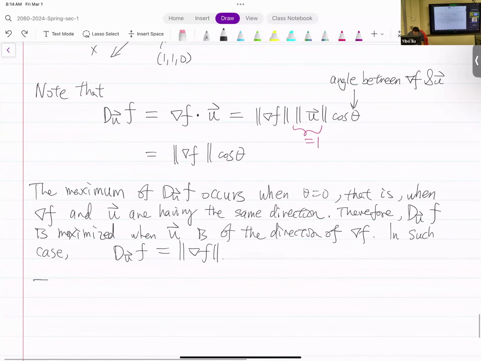Theorem. Suppose that f is differentiable.